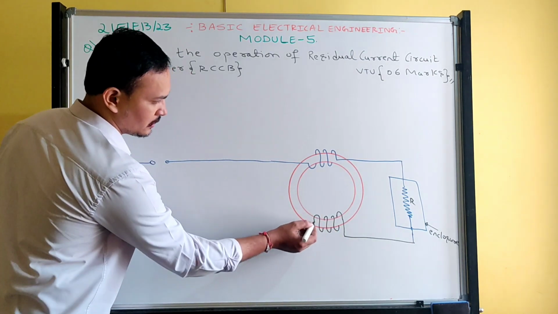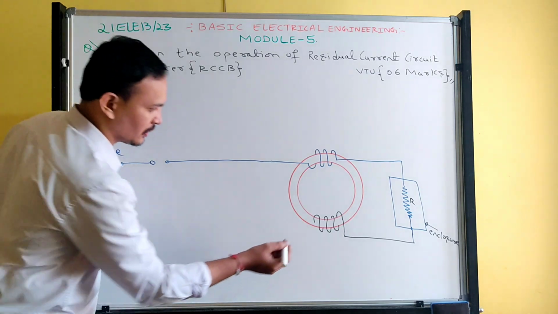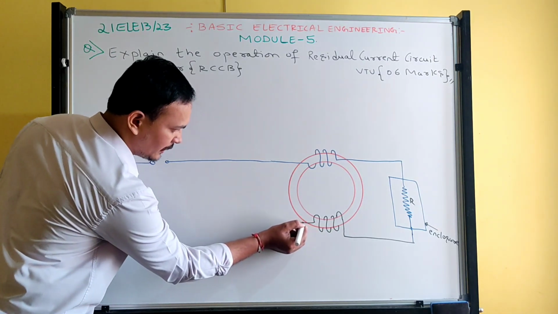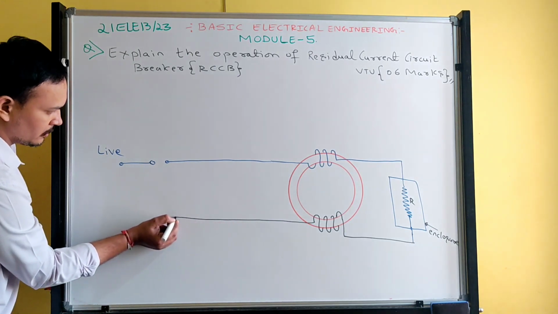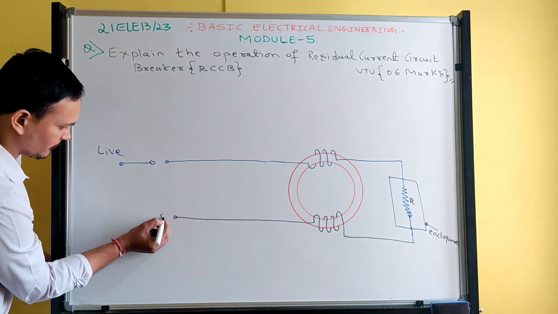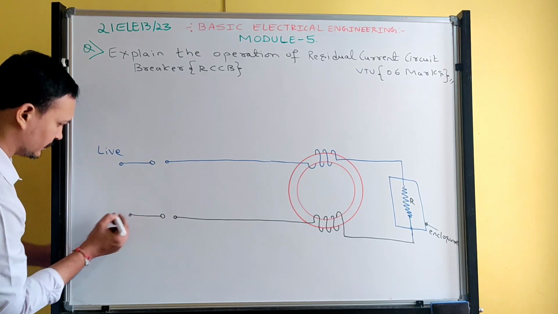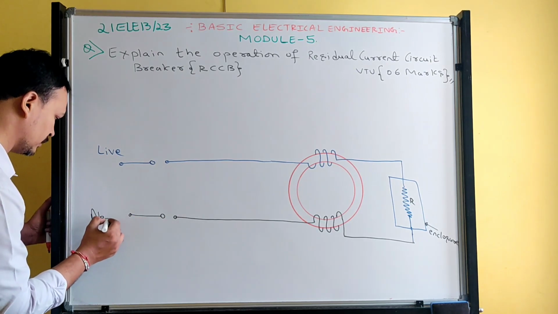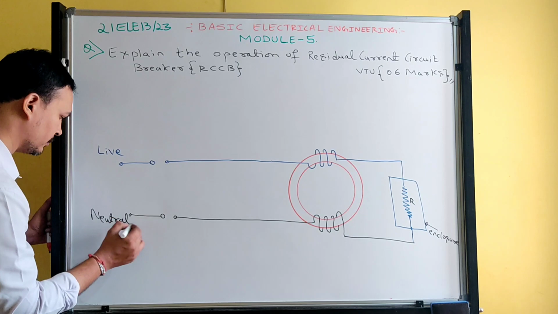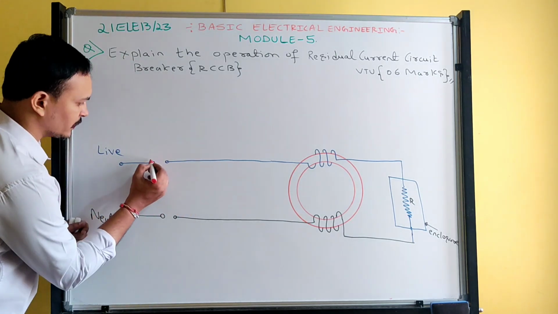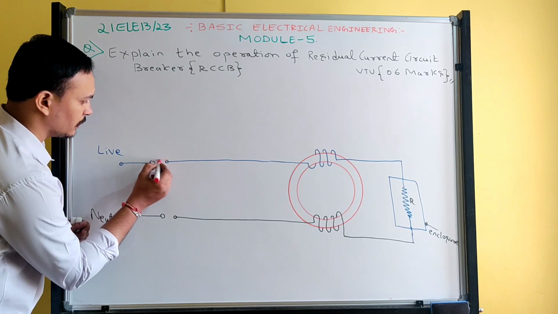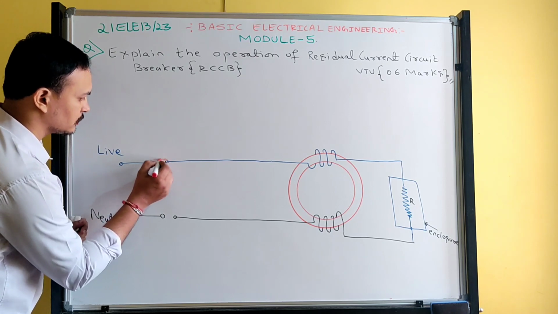Wound like that, around 3 to 4 turns is sufficient. Then you connect this to the neutral of the supply. This is the neutral wire.